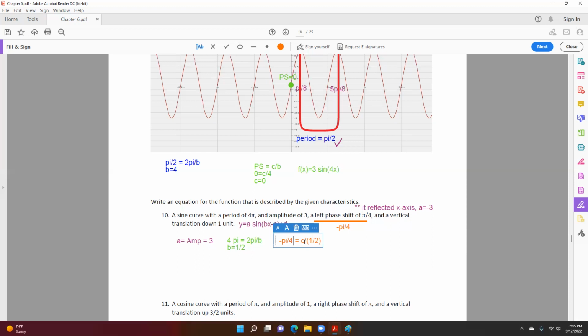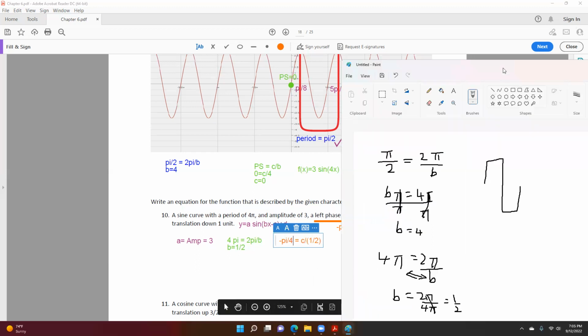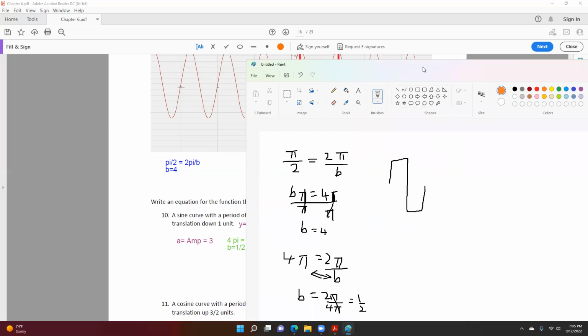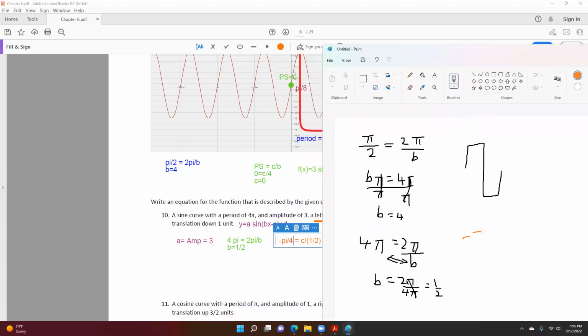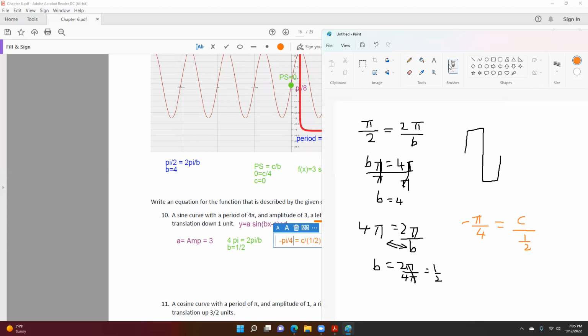So we will solve for C in this case. Again, I'm going to do it right over here so you guys can see how we solve this. -pi over 4 is equal to C divided by 1/2. Where does the 1/2 come from? The 1/2 comes from the B. C over B is the formula for phase shift. How do we get rid of this 1/2?